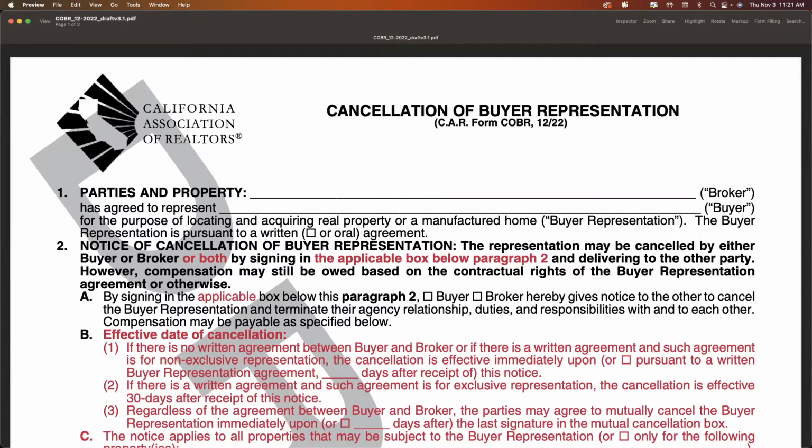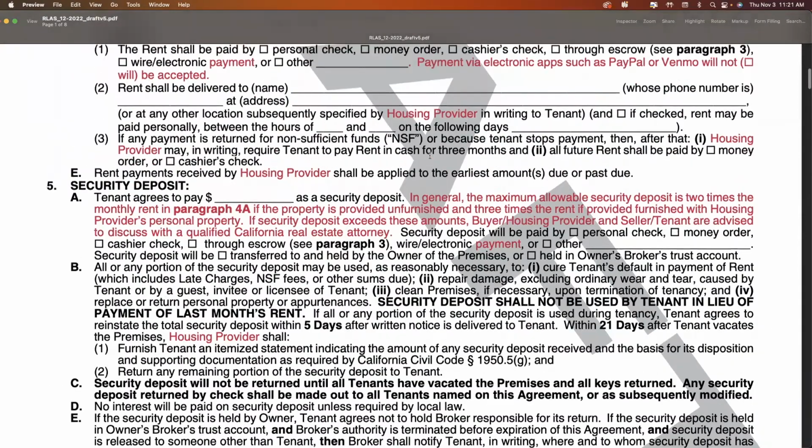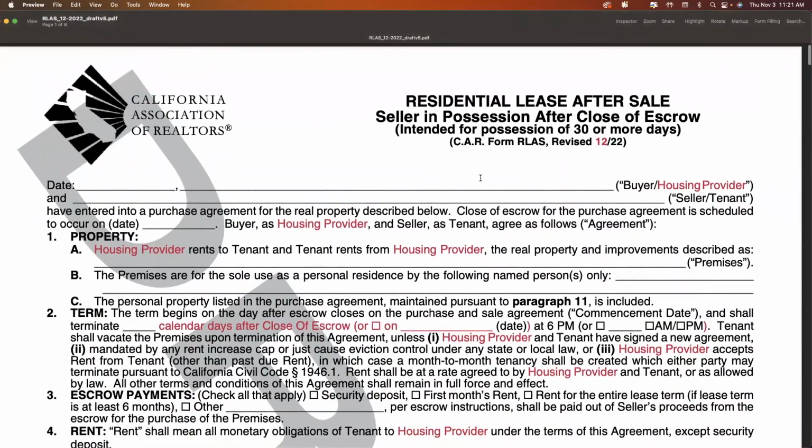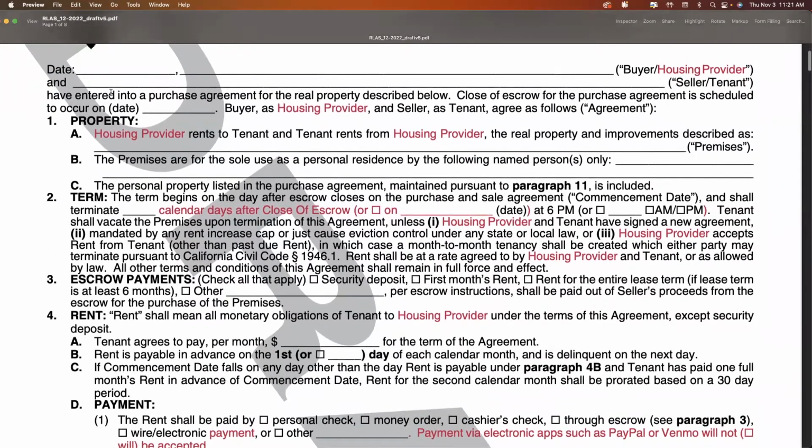That's that one. They've changed the RLAS, the residential lease after sale. You can see where they changed it to housing provider instead of landlord, right? So I think they're trying to avoid issues with people having property problems with tenants not moving out, and landlord tenants rights issues, things like that.